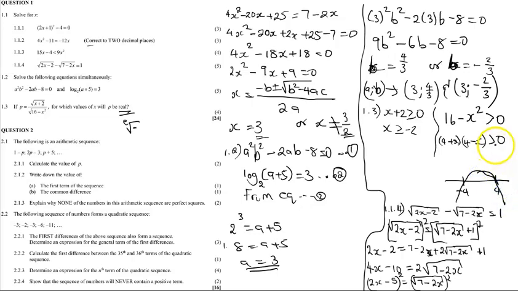And then we are looking for where this is greater than 0. So where it's greater than 0, it must be above. So that means we are actually looking at these x values. So for this one, x should be greater than negative 4 but less than positive 4. For this one, you don't include these guys because they make the denominator 0. And then we are done with our question 1.